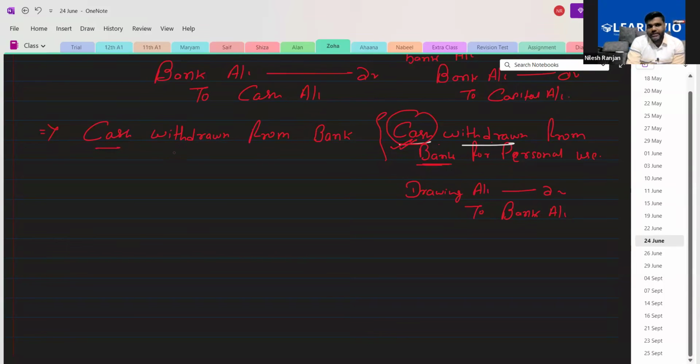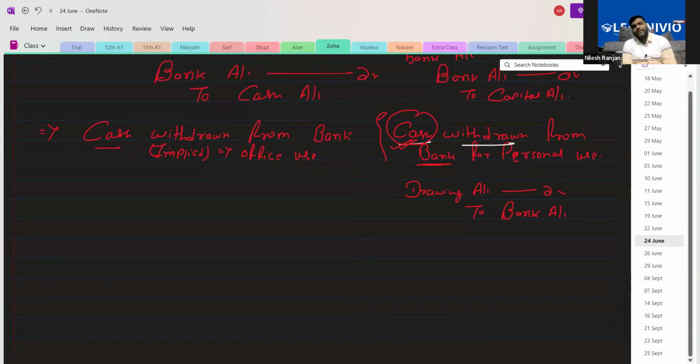But here, cash withdrawn from bank. Now, if it is not written, then it is office use. It is implied that it is for office use. And if they clearly write that cash withdrawn from bank for office use, then that is good.